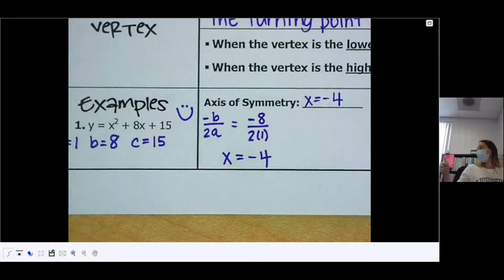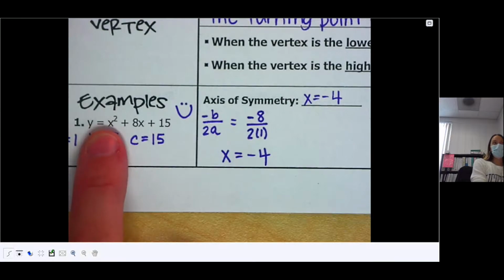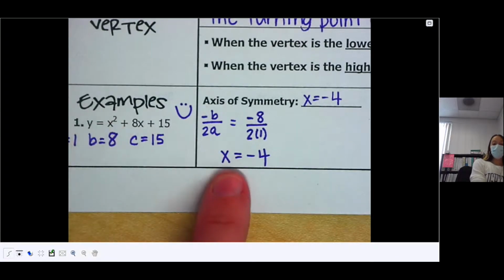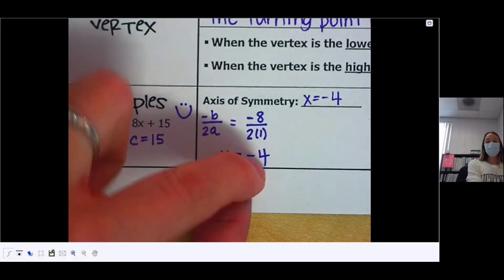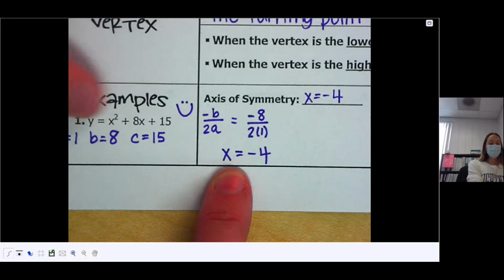So far, so good. Okay. To find the vertex, you're going to take this number and plug it into this equation. So everywhere you see the letter x, you're going to plug in the number negative 4 so we can solve for our y value.